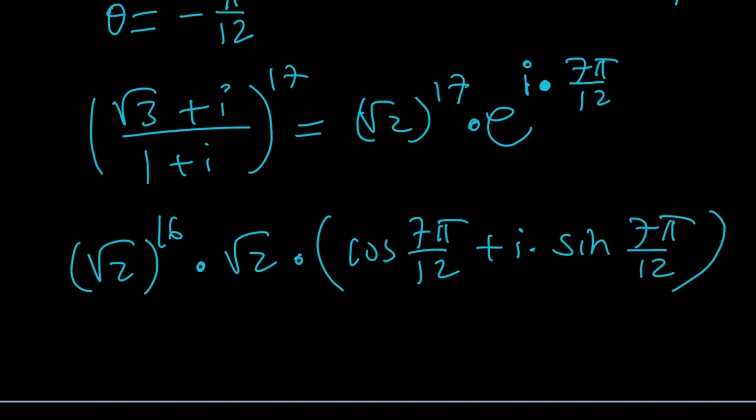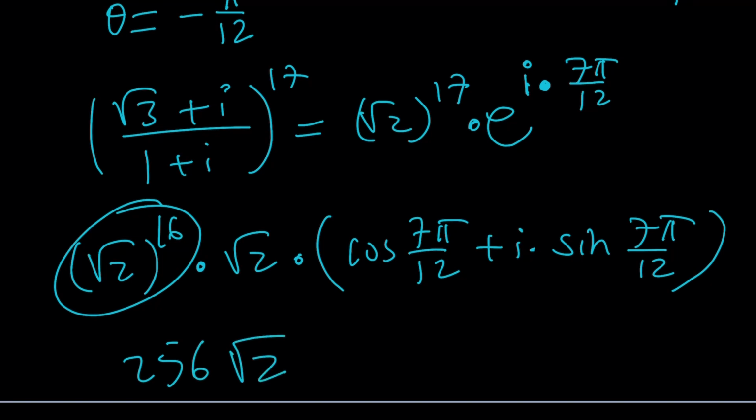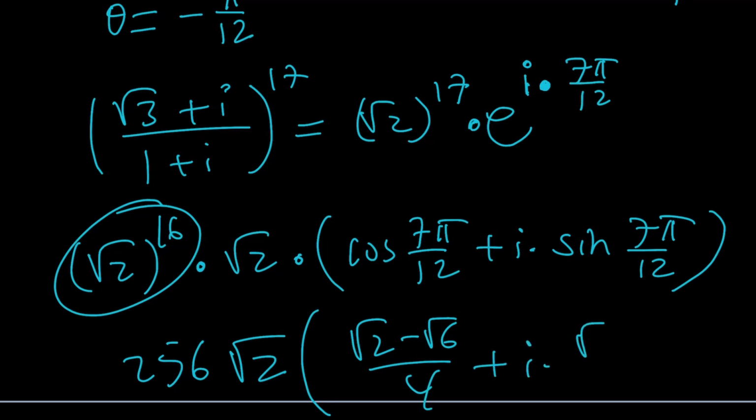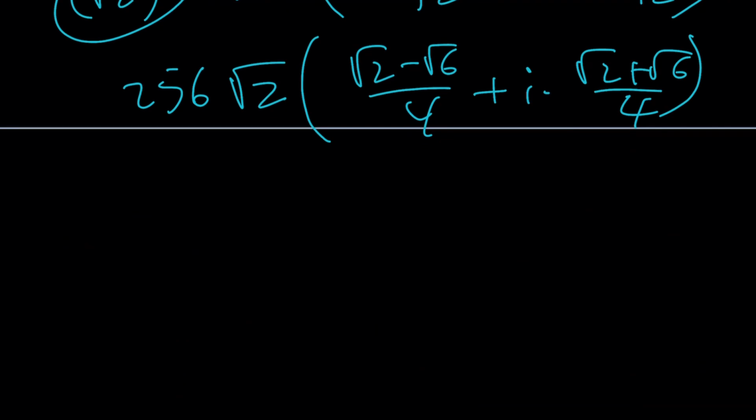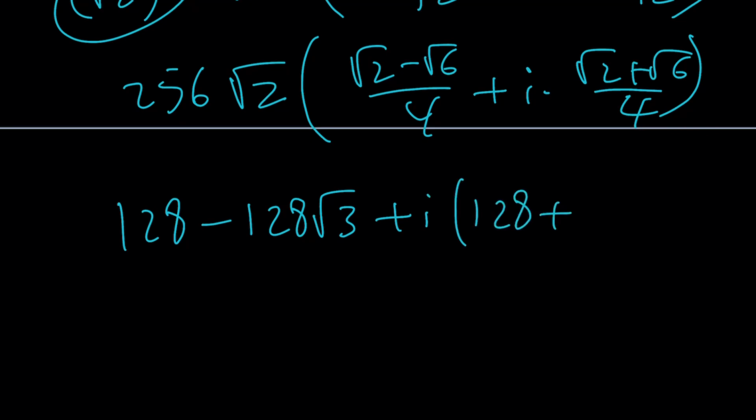And from here we get 2 to the 8th power, which is 256, multiplied by root 2. And inside, write this as root 2 minus root 6 over 4 plus i times root 2 plus root 6 over 4. And eventually, when you multiply all of these things, you're going to get something like 128 minus 128 root 3 plus i times 128 plus 128 root 3 as the answer.